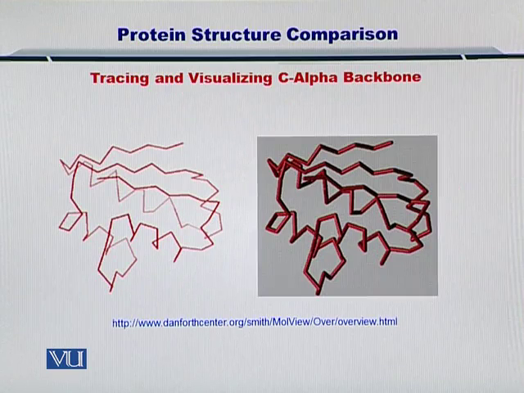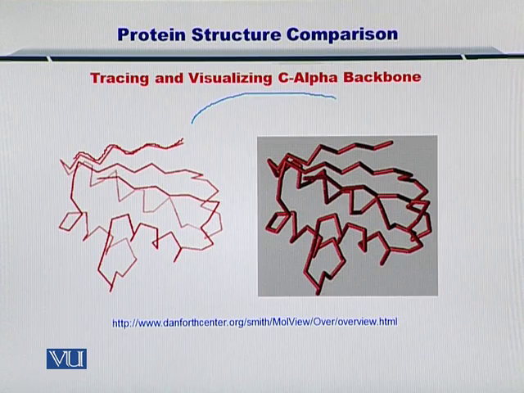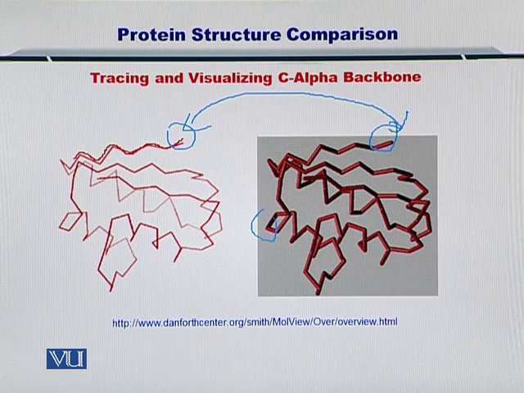Now, if you want to compare the two proteins using their alpha carbon positions, then let's consider this example. Here I have plotted the alpha carbon positions in a protein's backbone like that. As you can see, each position can be compared with its relative position in the other protein. Similarly, you can compare the rest of the alpha carbons as well, and eventually you can talk about their similarity.